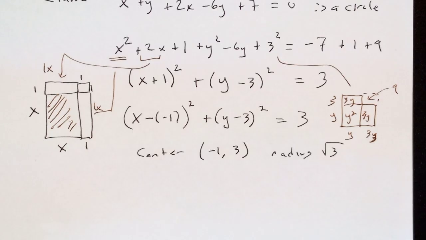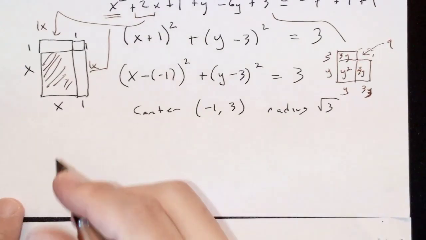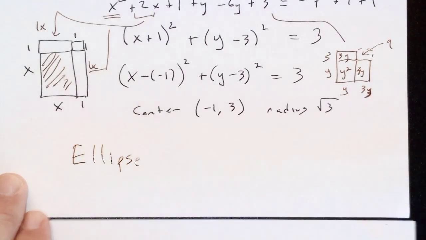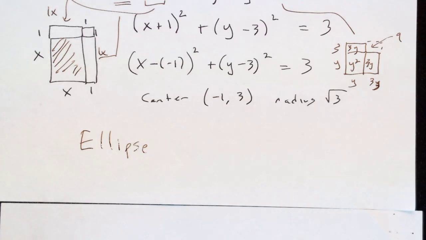What if I take a circle, grab the sides and stretch? I get an oval, right? Mathematically, because it's symmetric, we call it an ellipse.